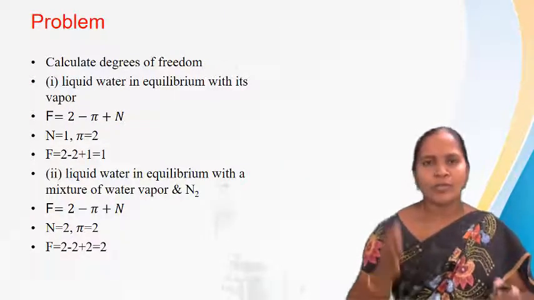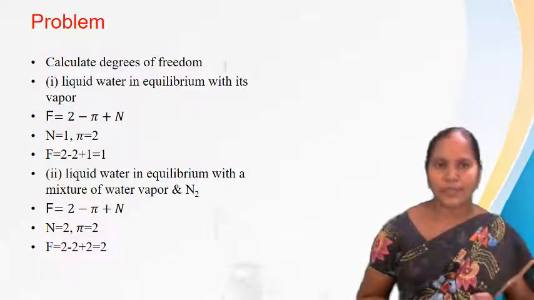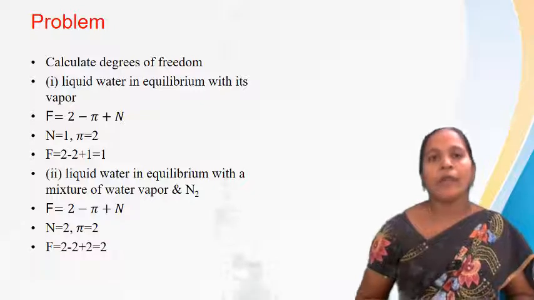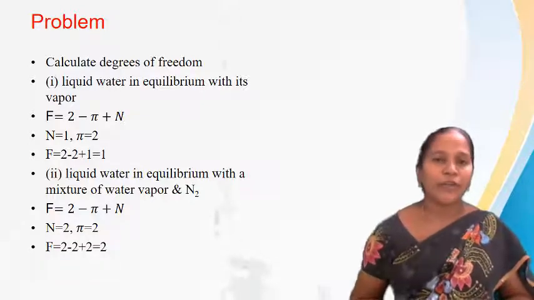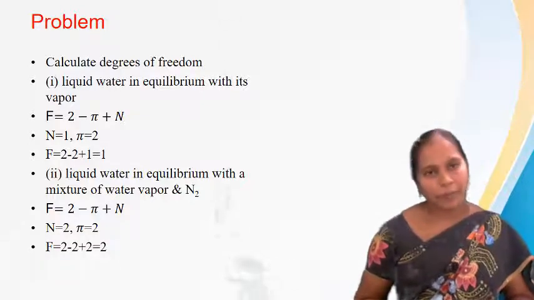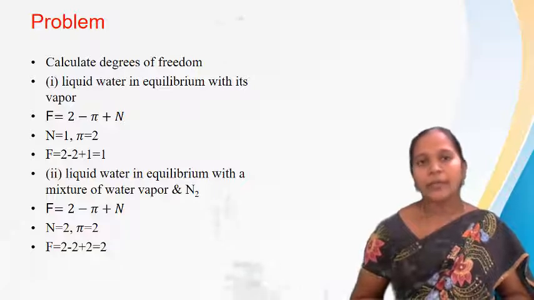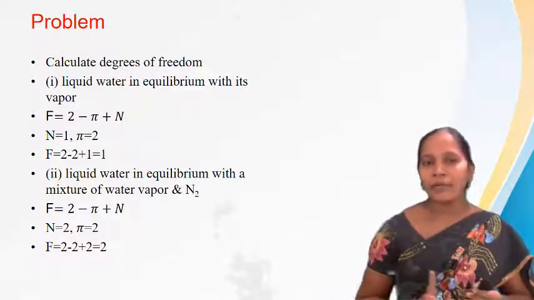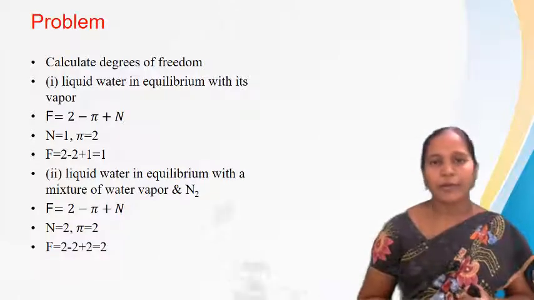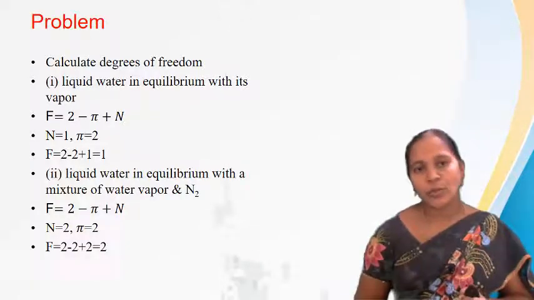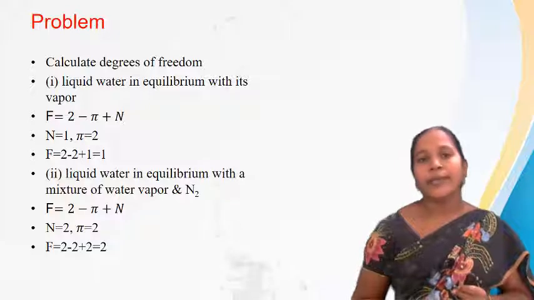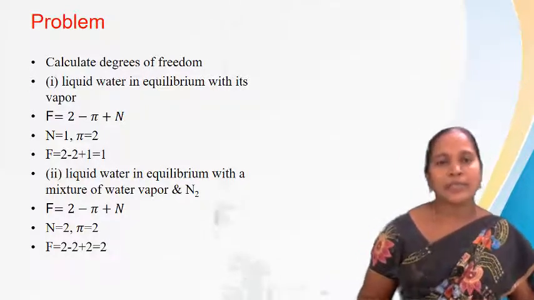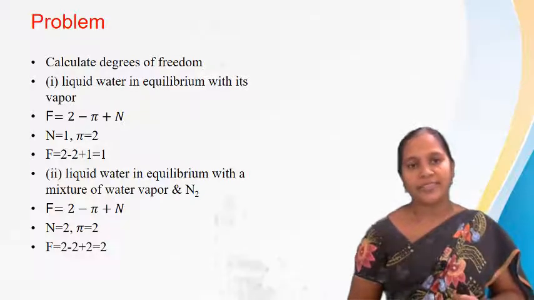Now we solve some problems on the phase rule. Calculate the degrees of freedom when liquid water is in equilibrium with its vapor. Here the phases are the liquid phase and the vapor phase, therefore pi equals 2, where pi is the number of phases and n is the number of components.